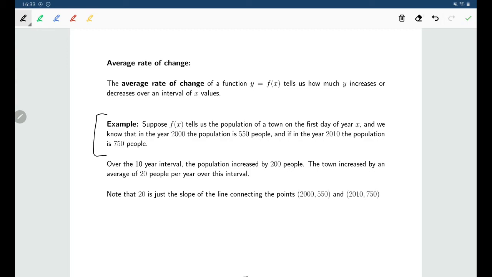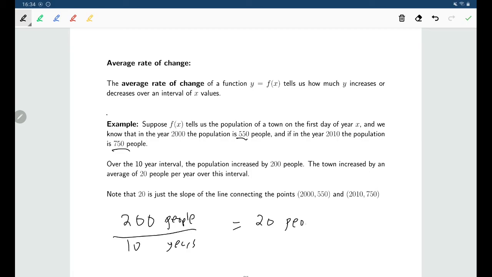You can find out that for this story that I have here, we begin with 550 people, and then 10 years later, there's 750 people. So we've increased by 200 people over 10 years, which is an average rate of change of 20 people per year.